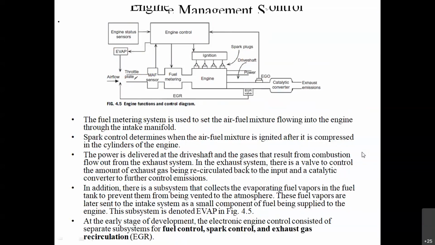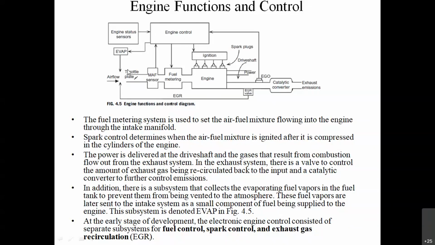Initially, in the older days, separate ECUs were used for fuel control, for spark control, and for the exhaust gas. Whereas nowadays everything is controlled by a single ECU, to which various sensor inputs are provided, and based on those sensor inputs it generates the control signals, and based on those control signals various systems will be controlled.